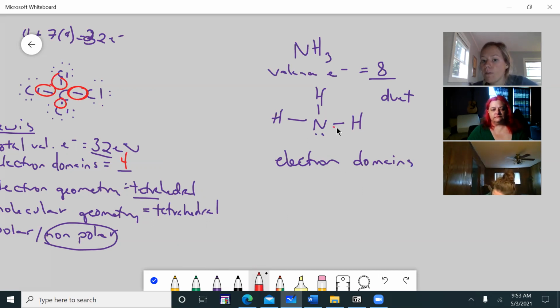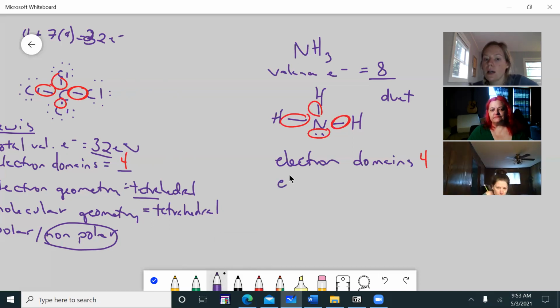Well, we actually still have 4. There's 1 here, 2, 3, and 4. Okay, so for electron domains, we're going to say 4. You include a lone pair as 1 electron group. All right. So those 2 electrons, think of them as kind of fused together in an area of electron density.